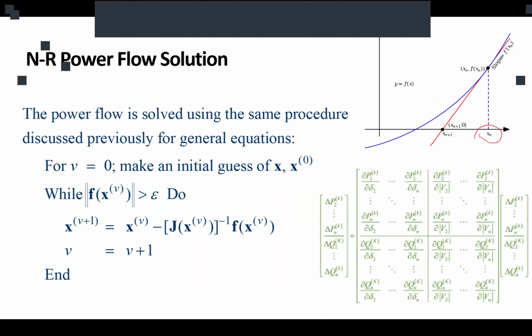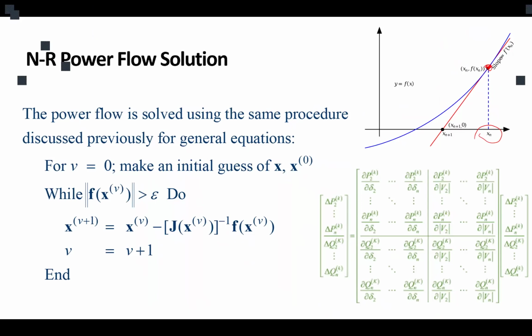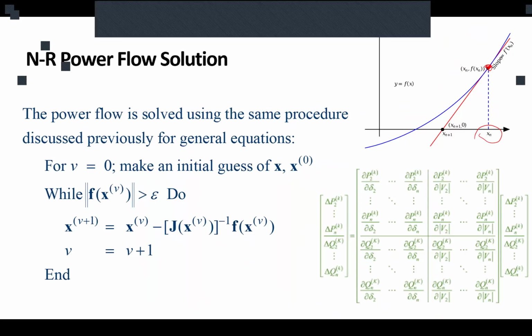For that guess, you calculate the F, which is our power balance equations. We want the power balance equation to become 0, correct? So in that x n, this is definitely not 0, correct? This is F. It has a value, it's not 0. So we are off. We have to guess again.